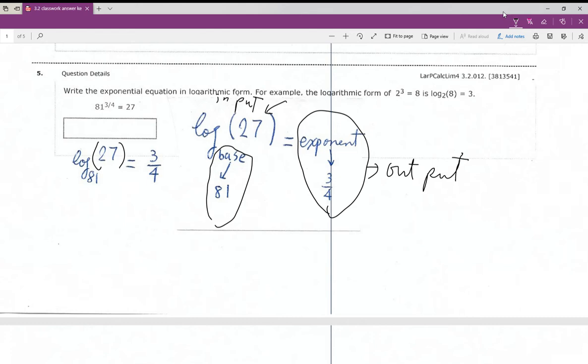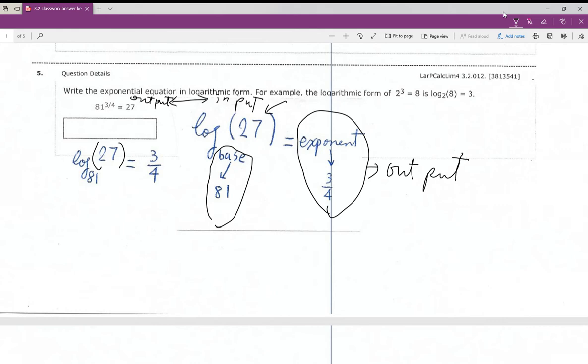So as long as you memorize the right location, then you can do it right. So the base 81 goes here, and the input was the output before, right? This output, because they are inverse functions, so output becomes input, and the exponent, which was the input before, becomes output.